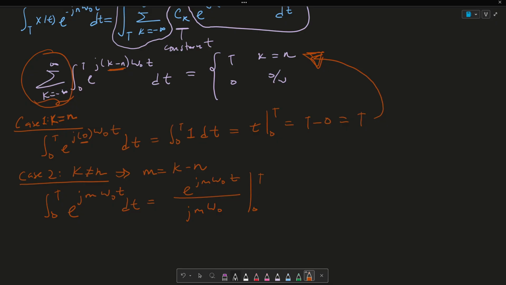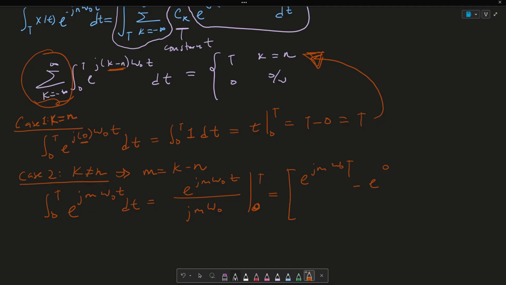All right. And essentially, as you can see, only the numerator has a variable t. So I'm going to say then that this is simply equal to e to the jm omega naught times T minus e to the 0, right?